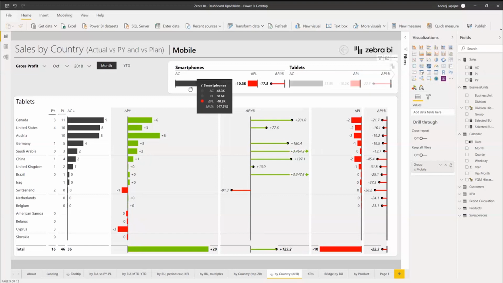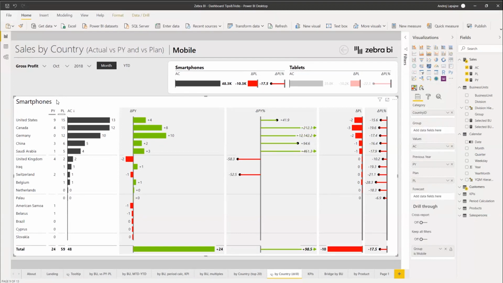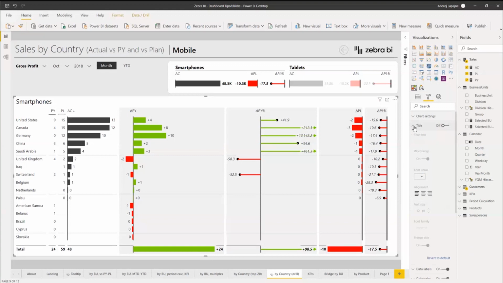So I can click here. And when you click here, make sure that you use dynamic titles. So every visual in Power BI has a possibility to display a dynamic title, not just a fixed text that you write in the title. You can just use a function for that.